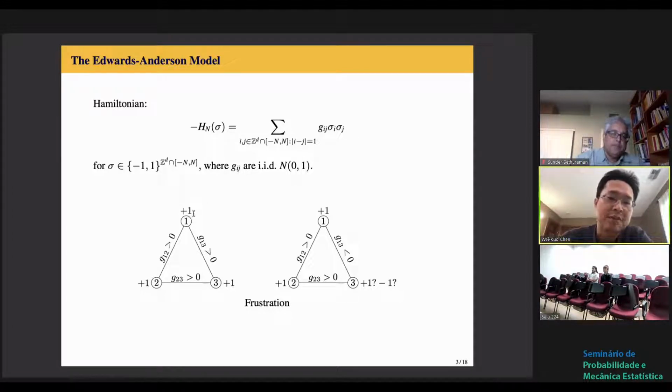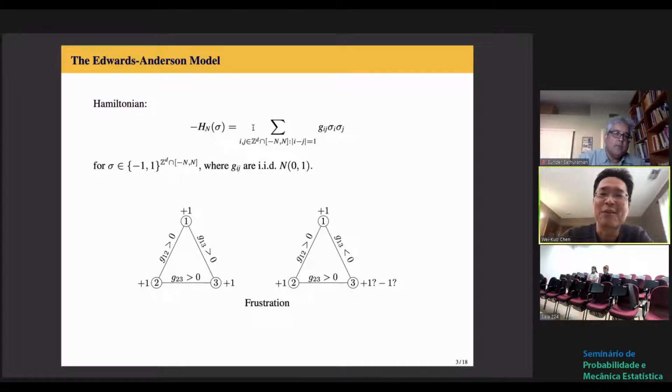So if I look at this special case and start from 1, and let's say at location 1, I decide to go up. And then because G13 is positive, I know that, okay, here I should be more careful.